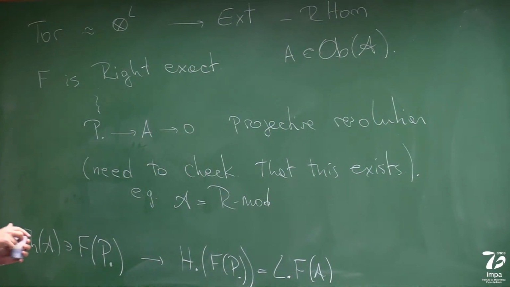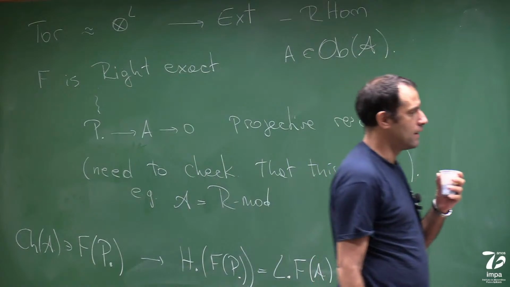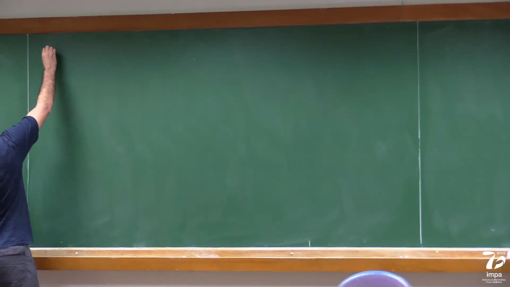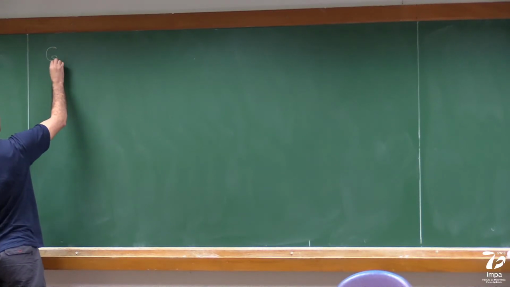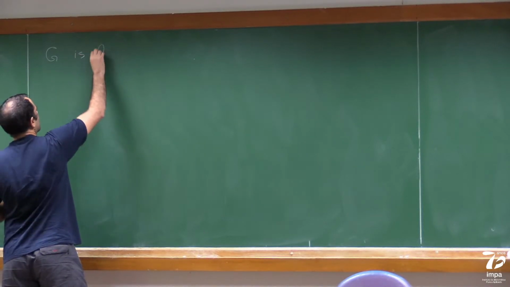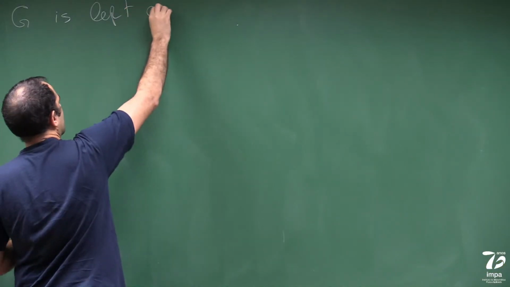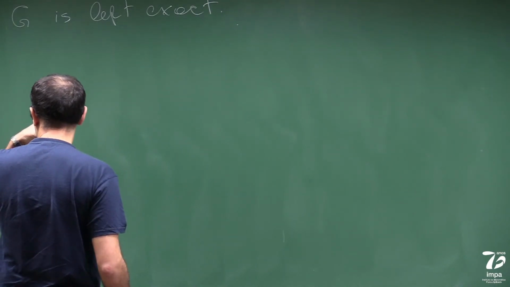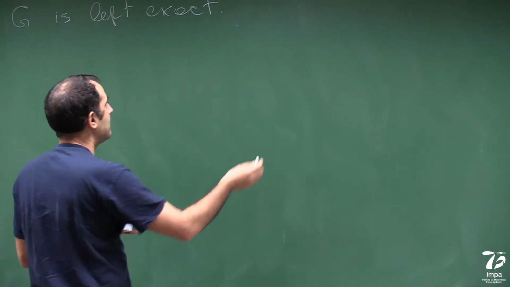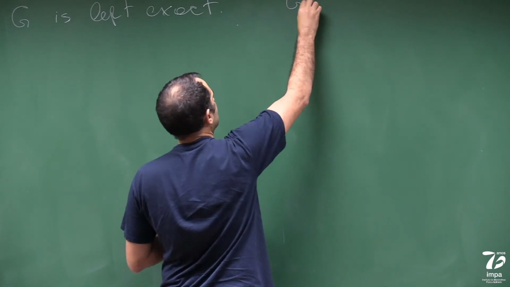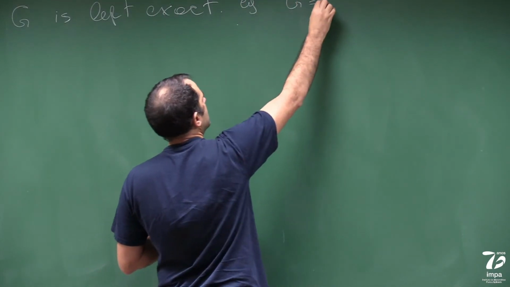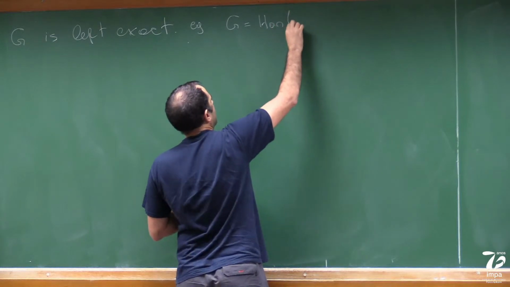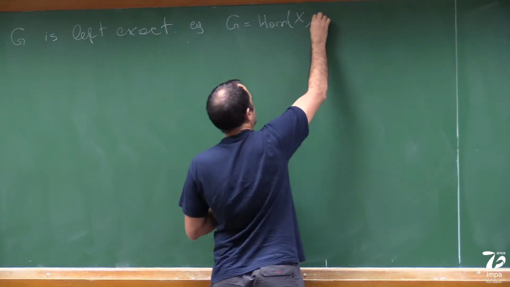Okay, so on the same board, we're going to do this for, let's say that now G is left exact, so for example G is Hom from X to something.